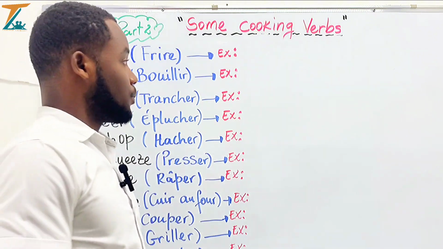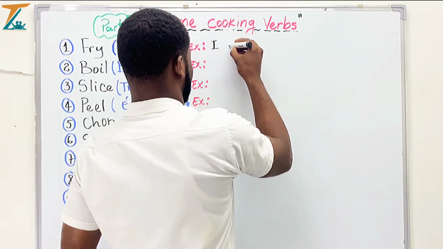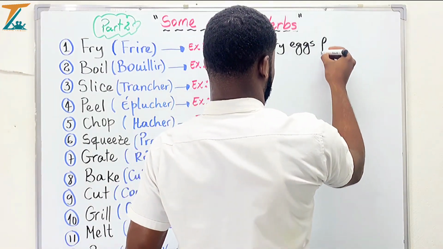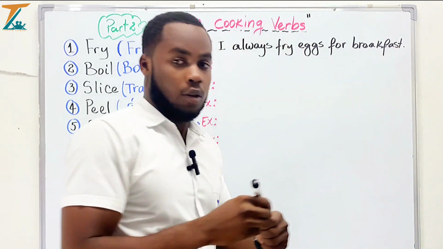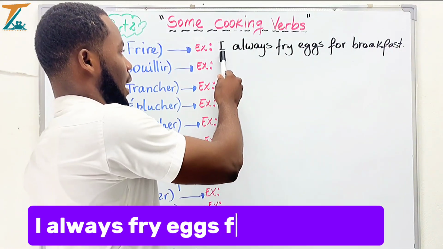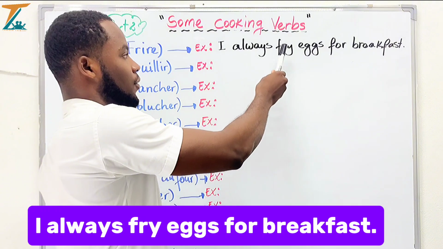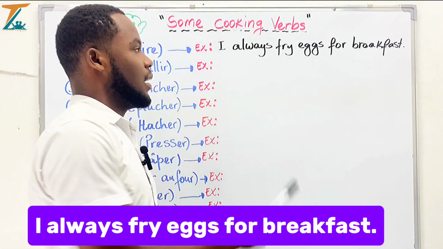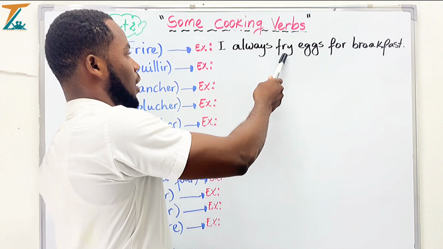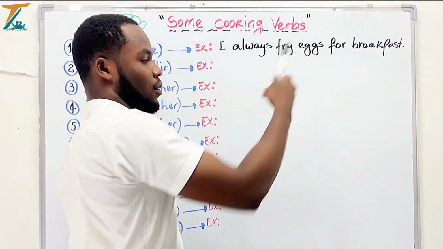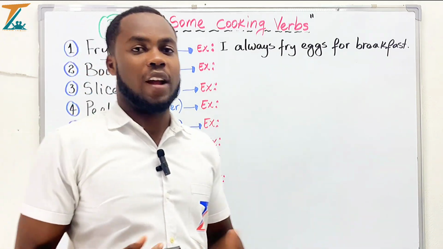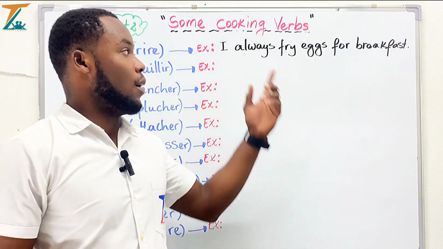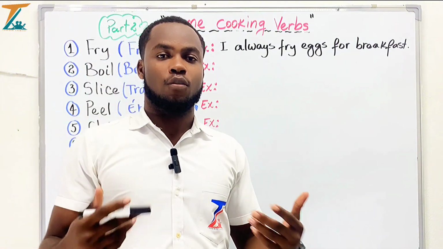For example, I always fry eggs for breakfast. I always fry eggs for breakfast means moi toujours frise œufs pour déjeuner.